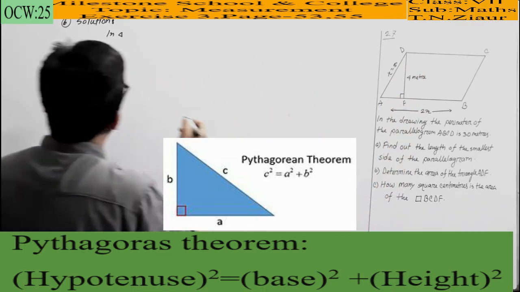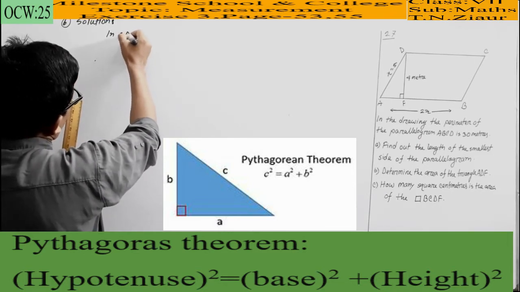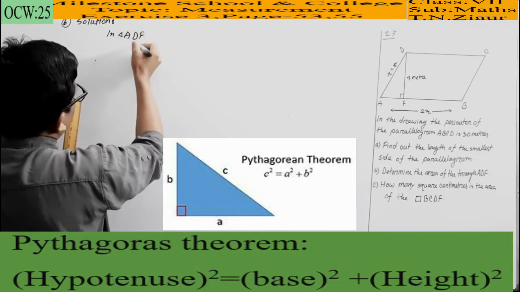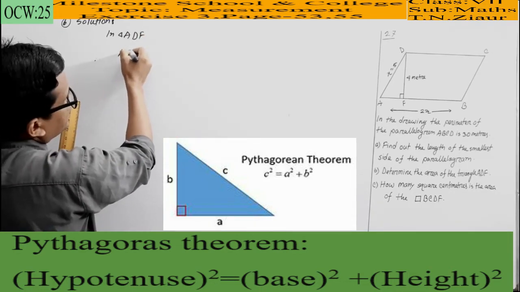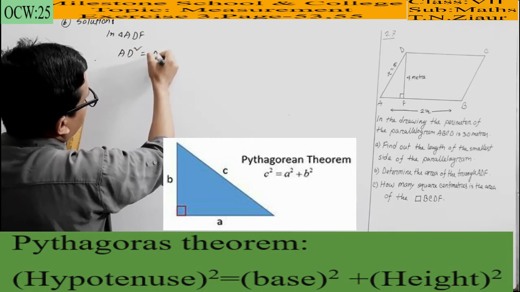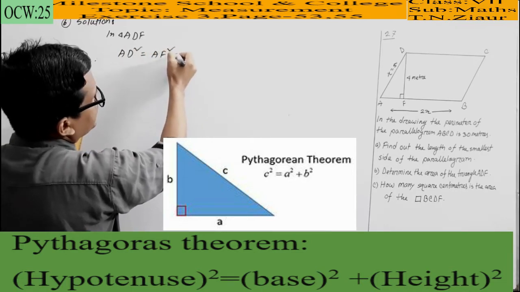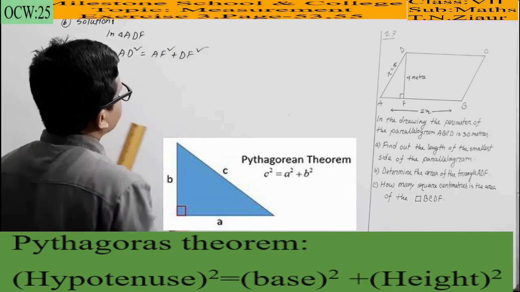Okay, so which theorem? In triangle ADF, we know the Pythagoras theorem: AD square is equal to AF square plus DF square. This is the formula.